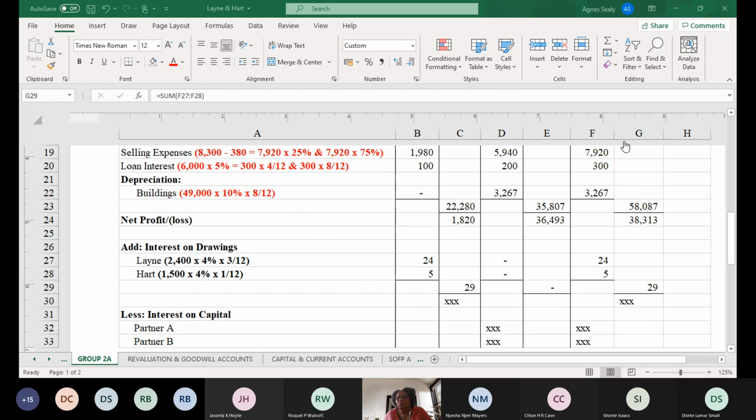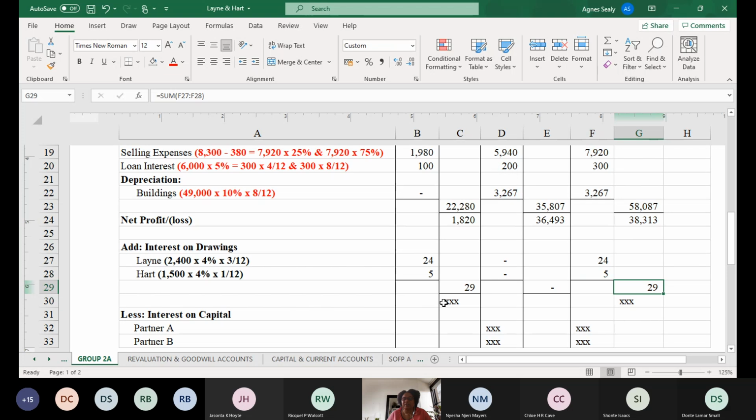So you may need to tell Julia to log off Teams and come back in again. If she's going on the website, log out of the website, come off of Teams, log back in, and try again and see what happens, because it may be her device or internet giving her an issue. All right, Naisha? Yes, ma'am. Okay.